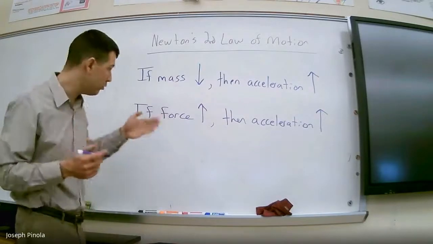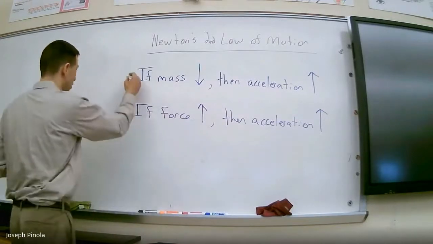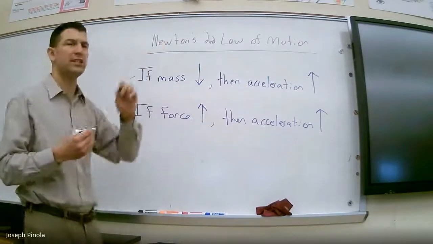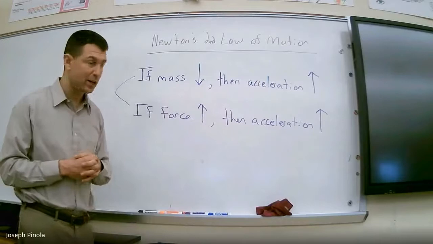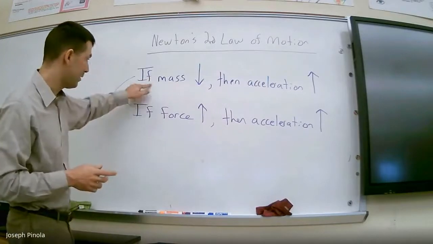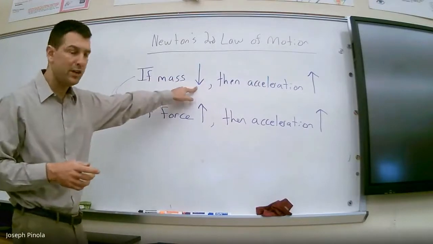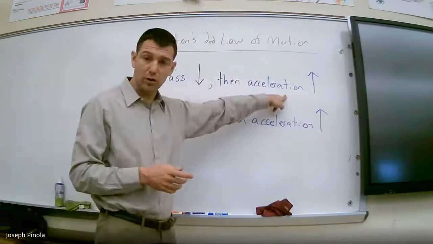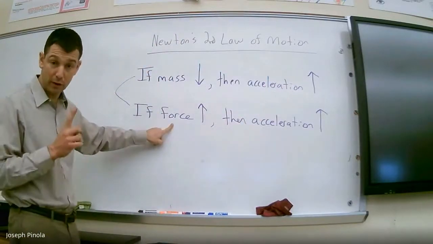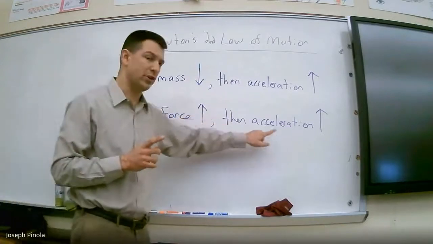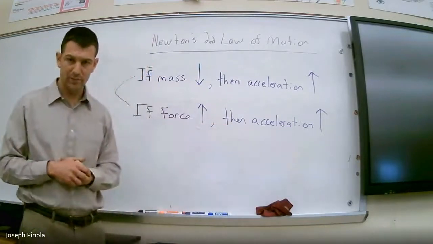And these two facts combined represent Newton's second law of motion. Essentially, what the second law says is that as the mass decreases, the acceleration increases. And as the force increases, the acceleration increases.